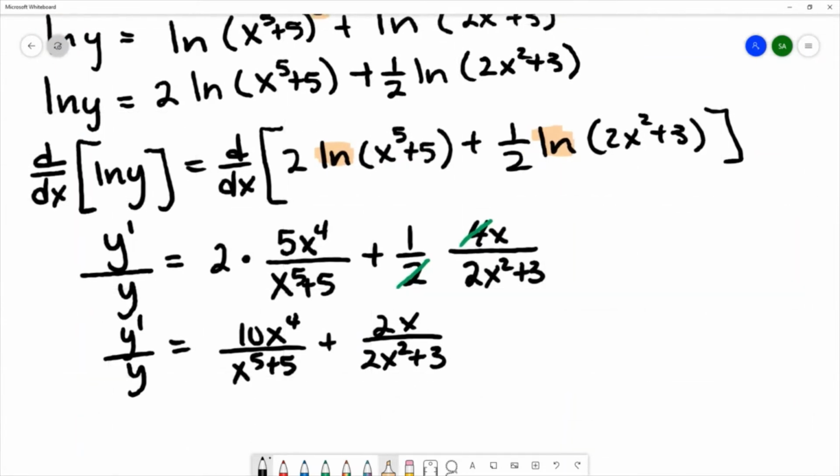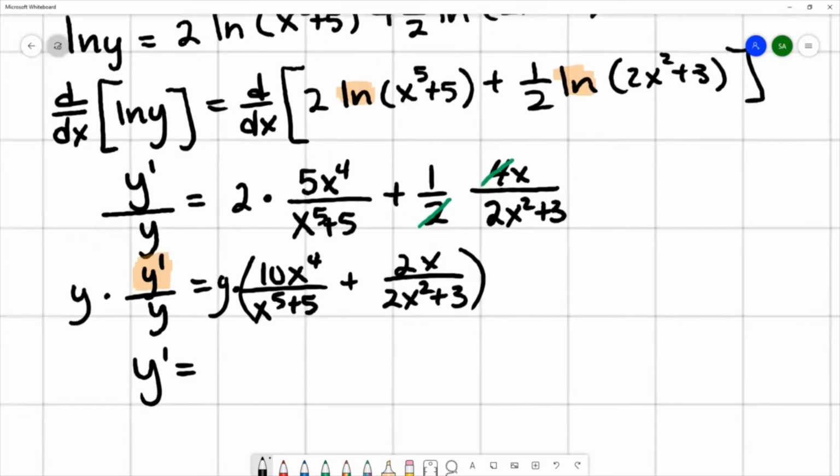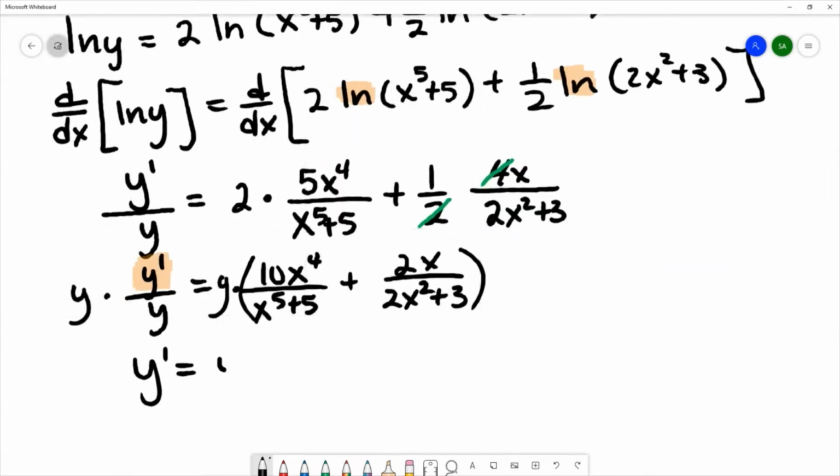Our goal was to calculate the derivative of y, so I'm going to multiply both sides by y. And that gives me y prime is equal to y. I can go ahead and substitute the value of y.